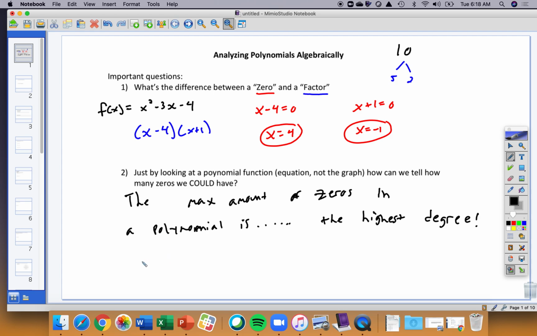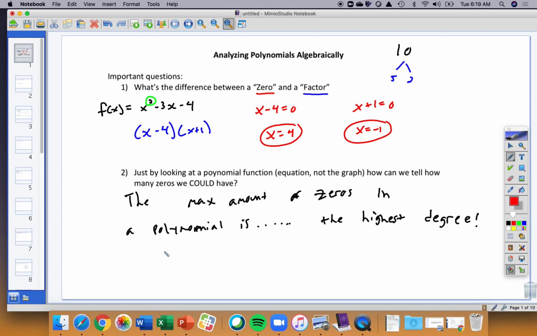For example, in the polynomial that we did up here, the highest degree is 2, which means that we can have at most 2 zeros or 2 x-intercepts.